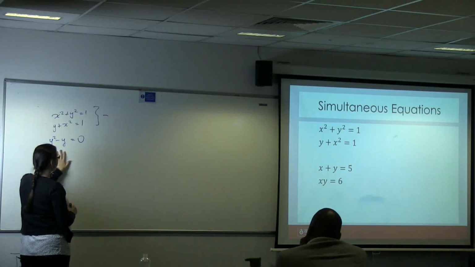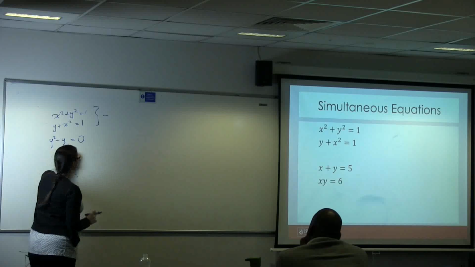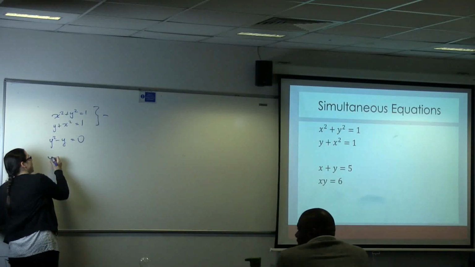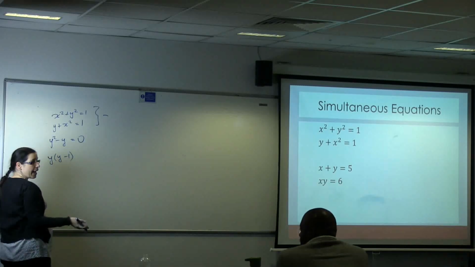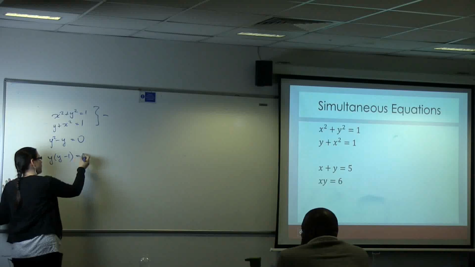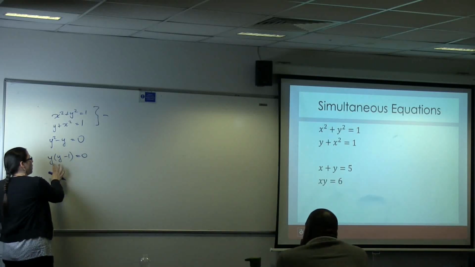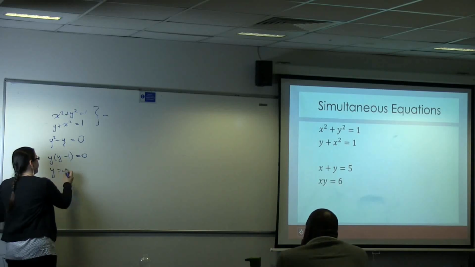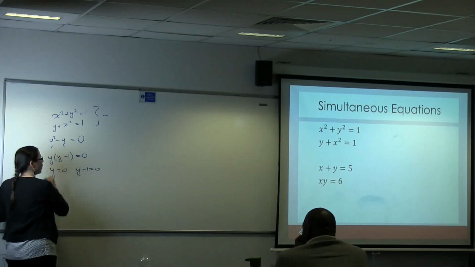Now, this is a quadratic equation which misses the constant term. To solve these kinds of equations, I need to make this into a multiple or factor it out. And then obviously, one or the other of the two terms has to be 0 for the multiple of them to be 0.